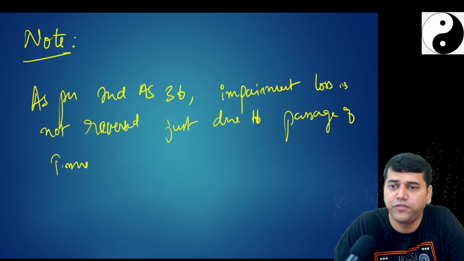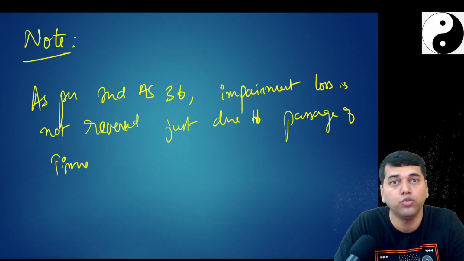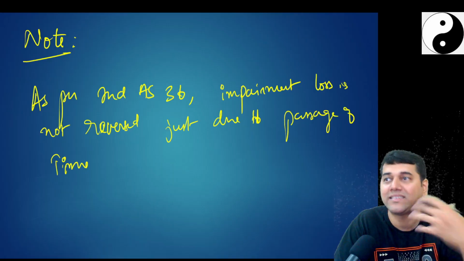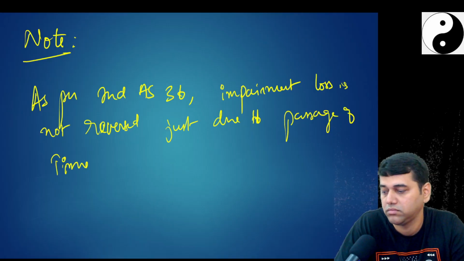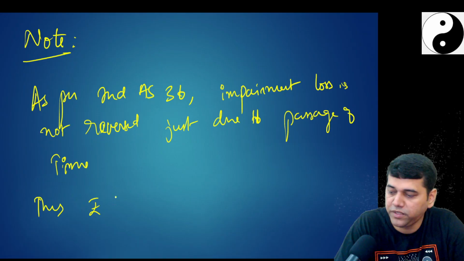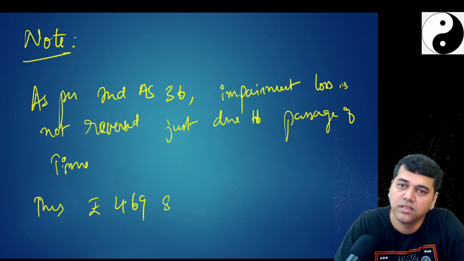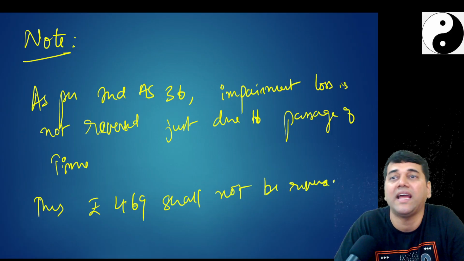There should be sufficient substantive evidence for me to prove that really my asset started to earn better. Thus, rupees 4.69 shall not be reversed.